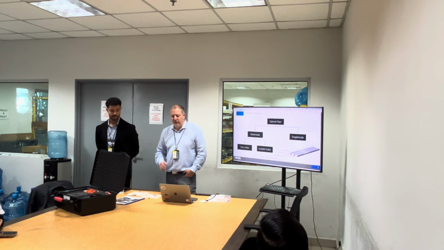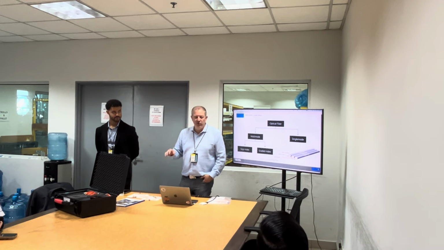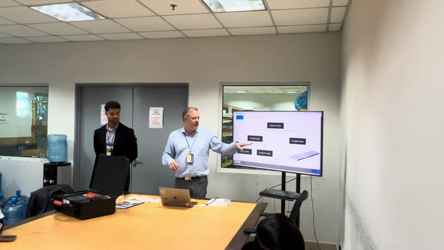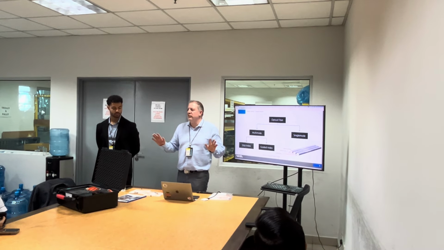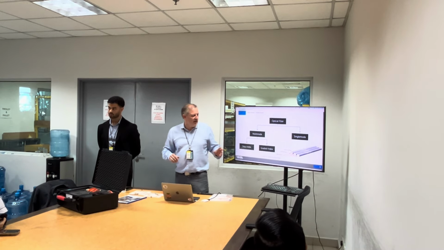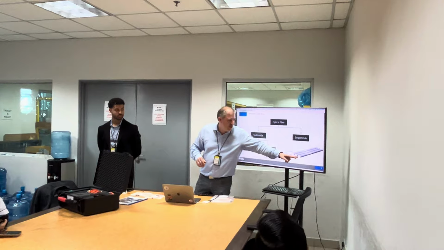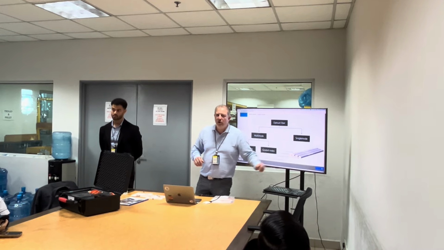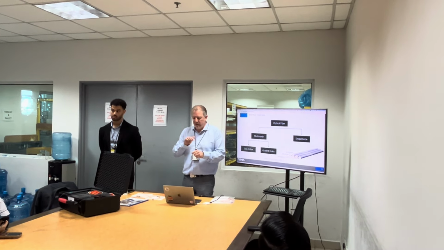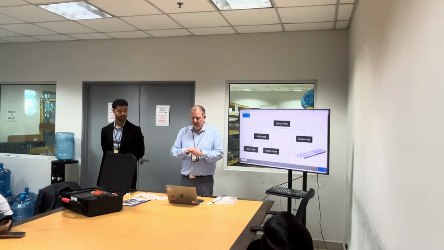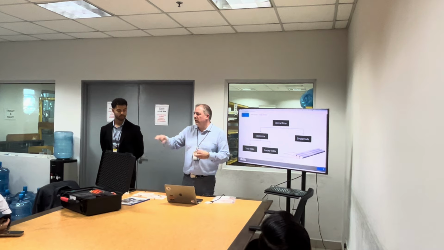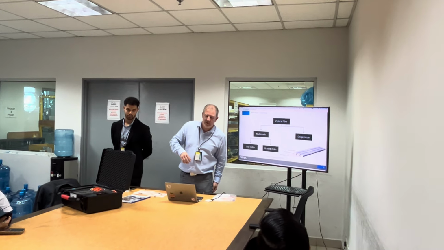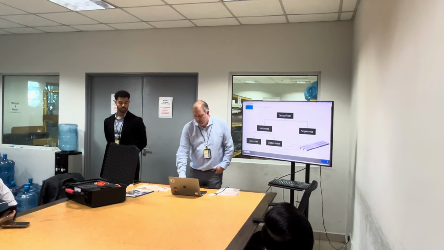You can find different types of fiber. I think in your case you're going to have mostly multi-mode. The single mode, multi-mode, just to make it simple: single mode usually has a very small core, so you propagate only one mode, whereas multi-mode has a bigger core, so you can propagate different modes.